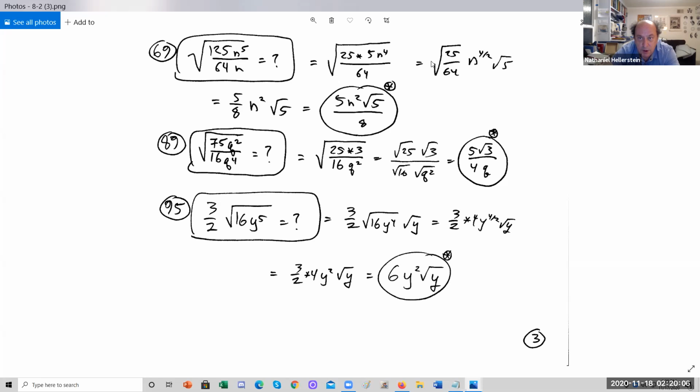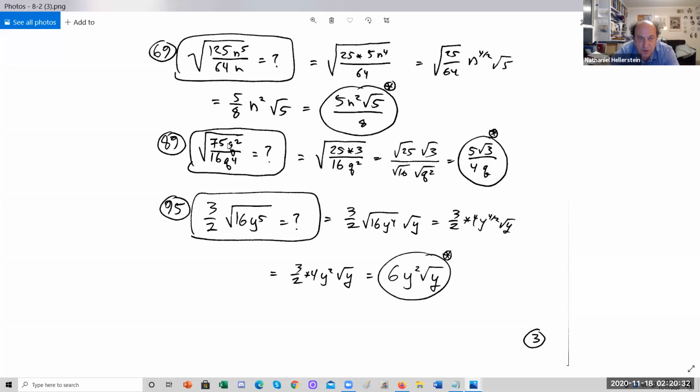So we break them into root 25 over 64 times n to the 4 halves times the root 5. Root 25 is 5, root 64 is 8, n to the 4 halves is n squared, root 5. And writing it all in a single neat fraction is 5n squared root 5, all divided by 8.